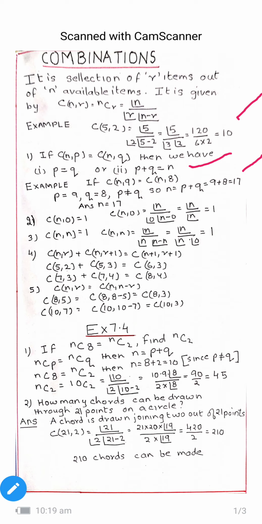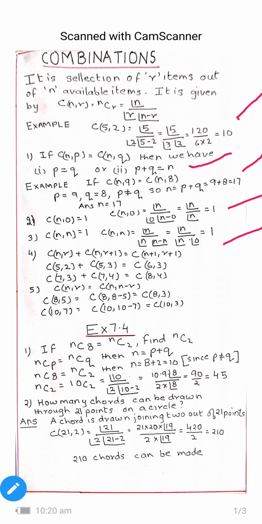We know that factorial 0 is 1, so factorial n and factorial n cancel out, we get answer 1. nCn is also 1, 7C7, 6C6, 4C4, 3C3, all are going to give answer 1. What is nCn? Factorial n upon factorial n, factorial (n minus n), 0 factorial. Factorial n and factorial n get cancelled out. We get answer 1.